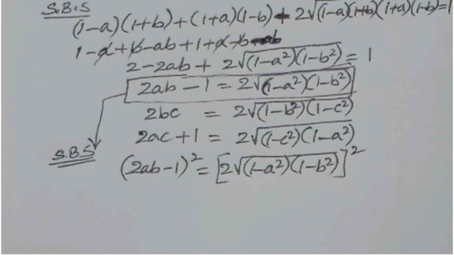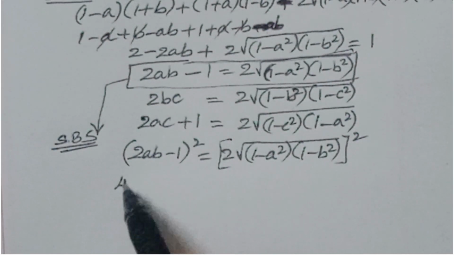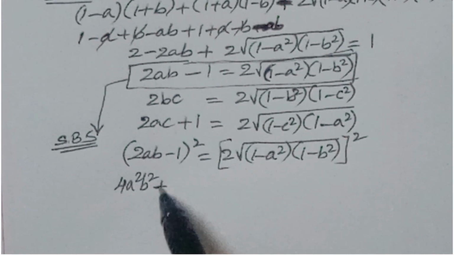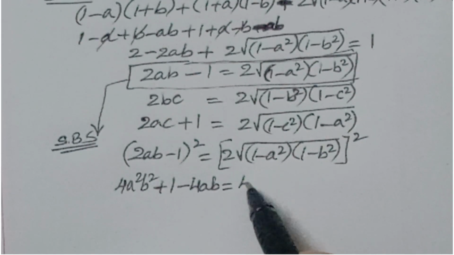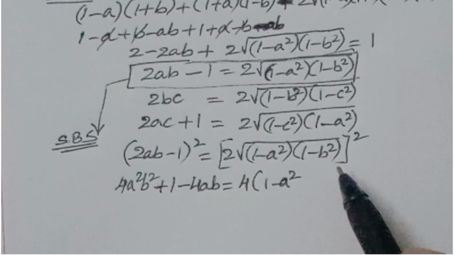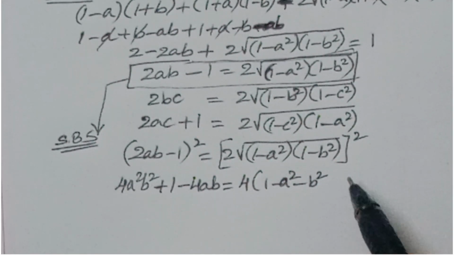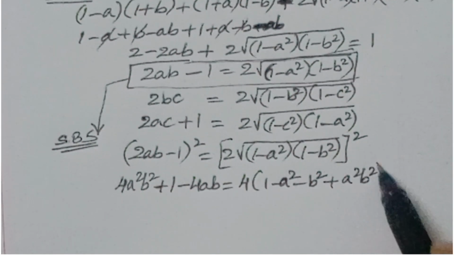We are doing squaring on both sides once again. So here what will we get: 4a square b square plus 1 minus 4ab is equal to 4 into 1 minus a square minus b square plus a square b square.